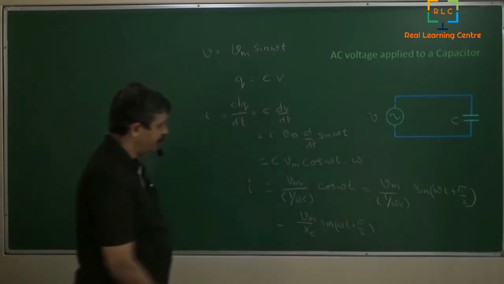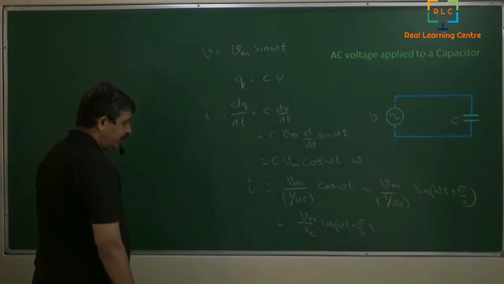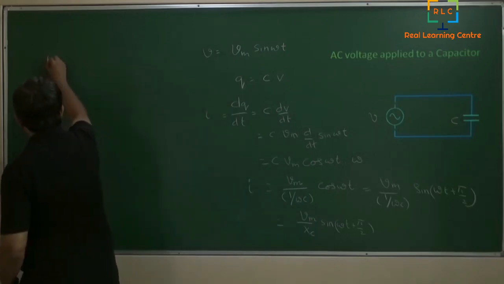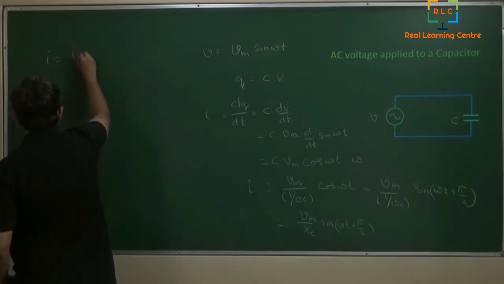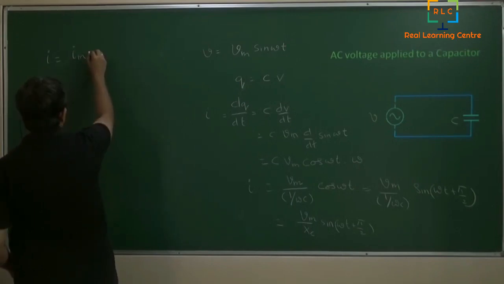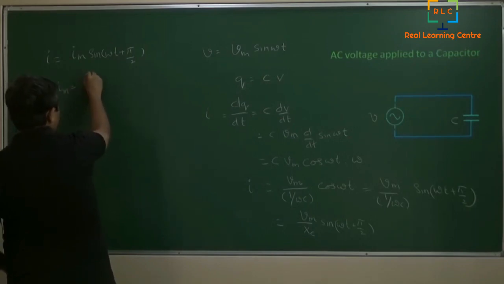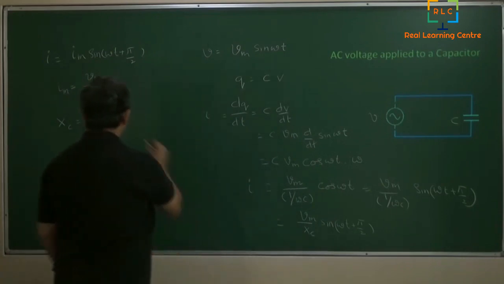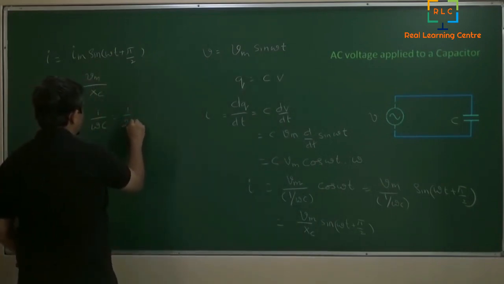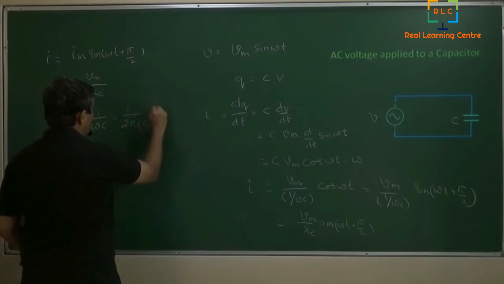Which means I is equal to Im into sin omega t plus pi by 2, where Im is equal to Vm by Xc, and Xc is nothing but 1 by omega C, or we can write it as 1 by 2 pi f C ohms.